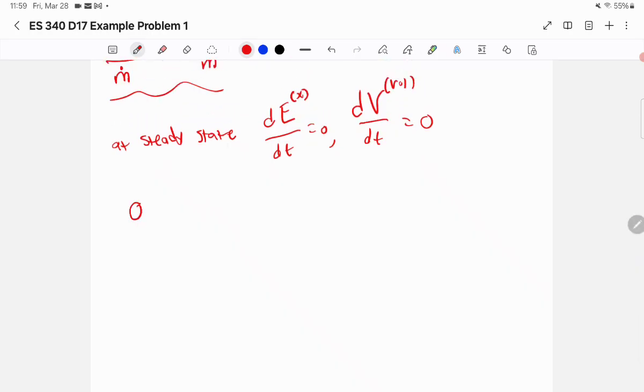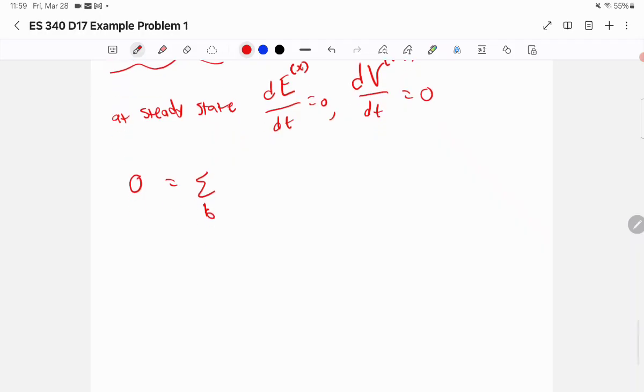The exergy balance equation then looks like 0 equal to the sum over B of 1 minus T naught over TB times Q dot minus W dot, and then plus, since this is a single inlet, single exit case again, we can write out the useful terms.